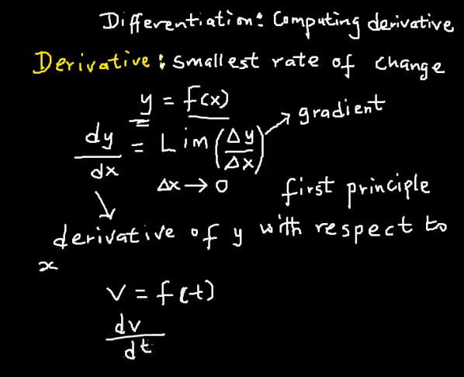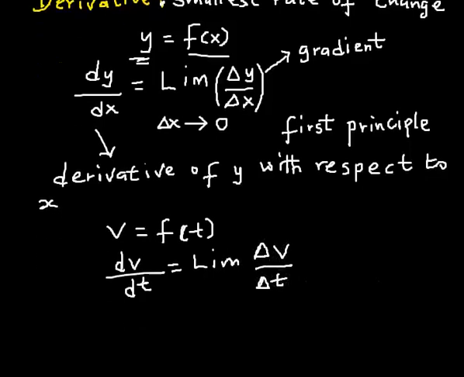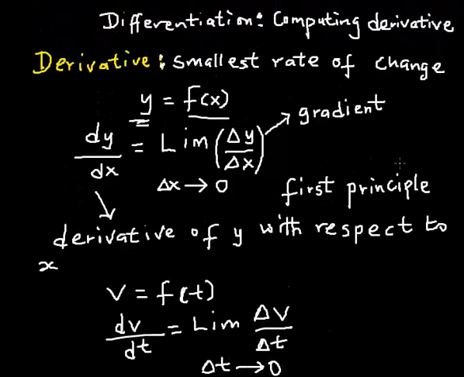That's the derivative of v with respect to t, which is equal to the limit of change in v all over change in t, as change in t approaches 0. So please take note of that.